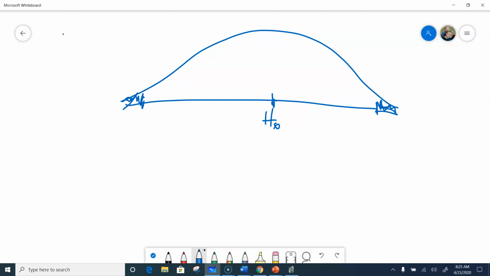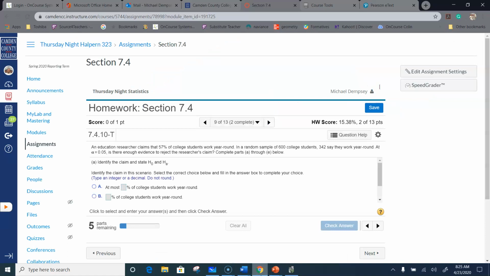So if alpha is 0.05 and your significant result can live in either tail, then what's really happening here is this is 0.025. You need to keep that in mind if we're going to look for a critical value or reconcile a p-value. With a two-tailed test, alpha gets split up into two pieces.